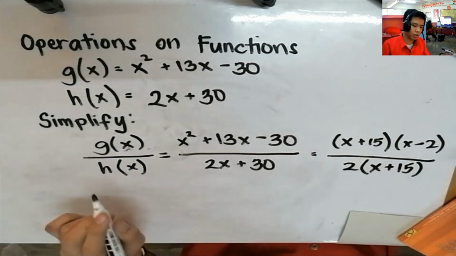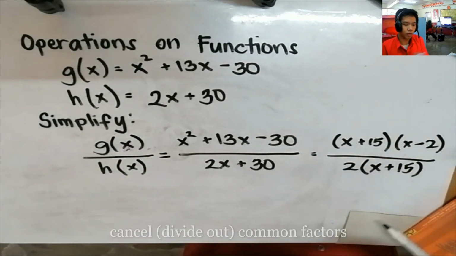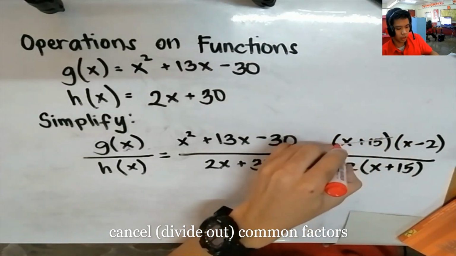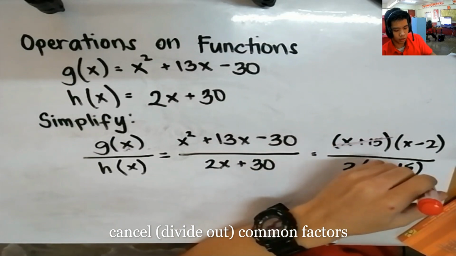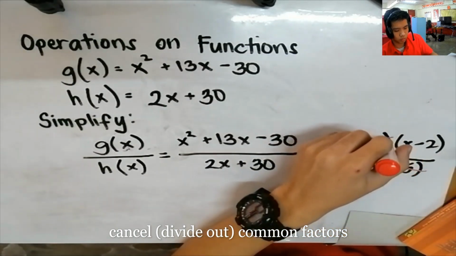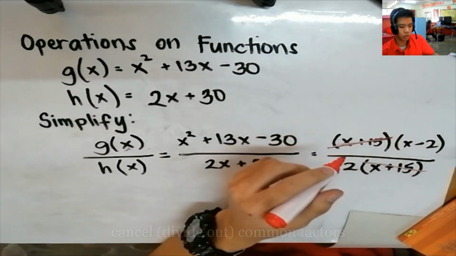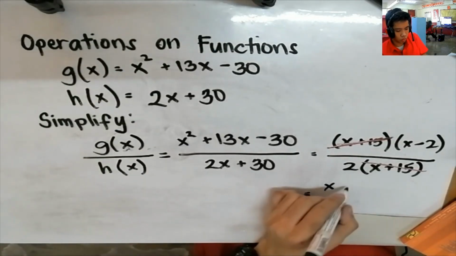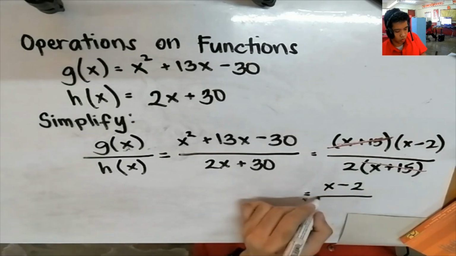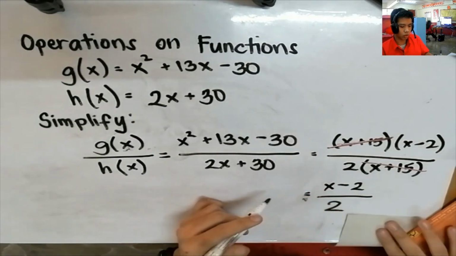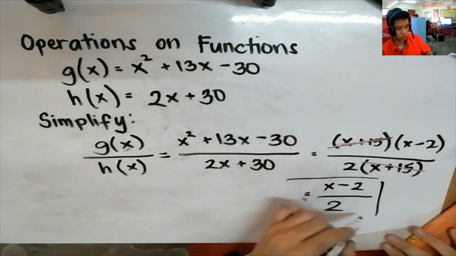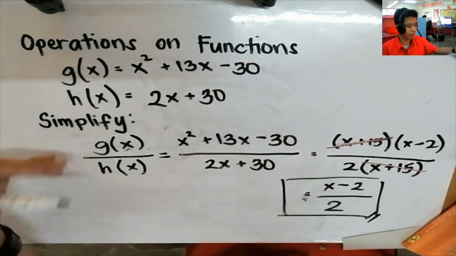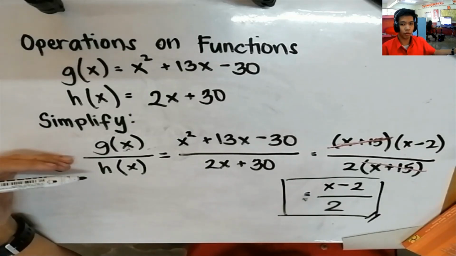Here we can now simplify by canceling x plus 15 and x plus 15. We can now simplify this into x minus 2 all over 2. This is now the final form of g of x over h of x.